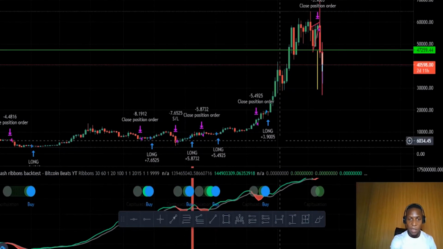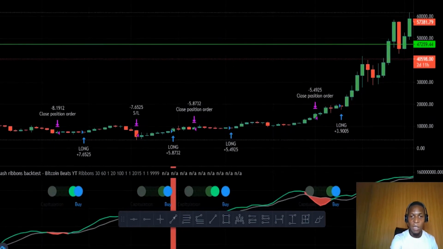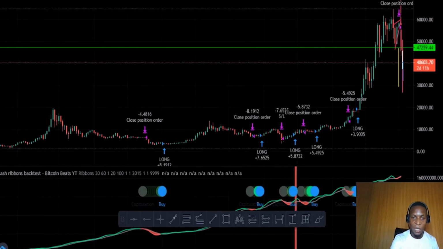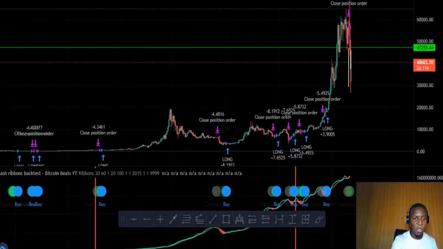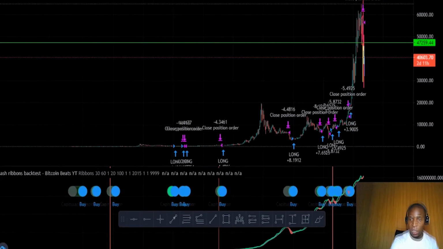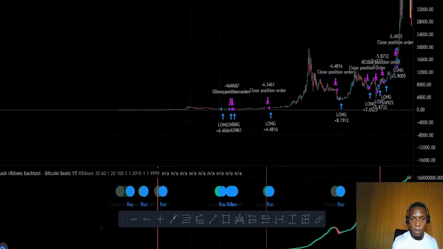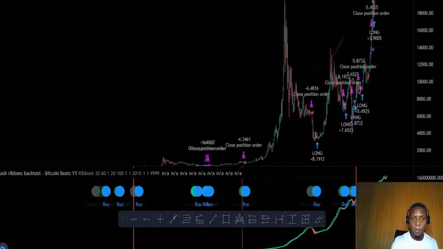Presently, this has happened 11 times, and the one that is forming presently is the 12th time in the history of Bitcoin. I will show you the details on the chart now. We can see here.